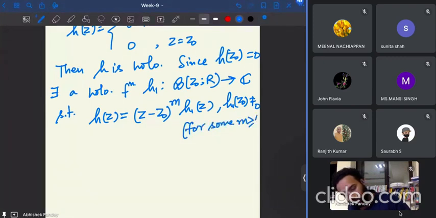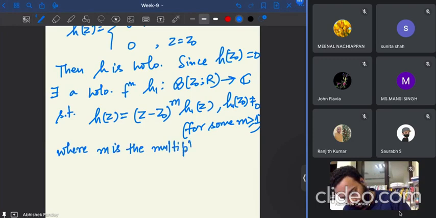So how do we get this m? This m is the multiplicity of this root z naught.